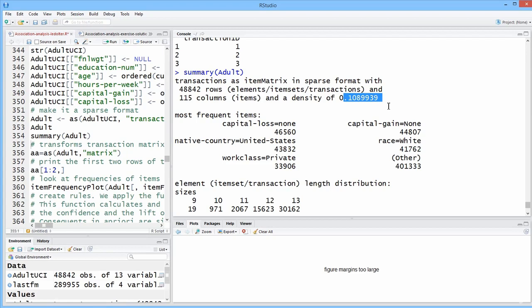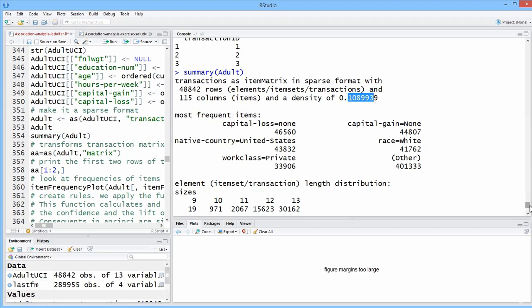In an incidence matrix, it would just be the relative proportion of all the ones. But since we have some ordered factors, I'm not sure how it computes those, but most of them are binary variables where they're either 0 or 1, so this is a reflection of that somehow.